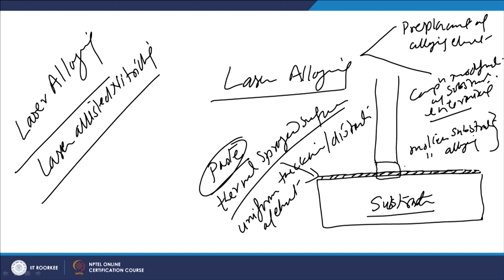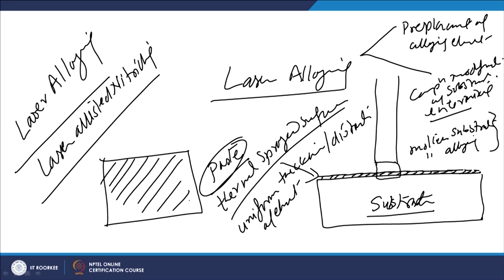The laser beam is applied one by one over the entire area. We apply the alloying element to be introduced using the paste or spray process over the surface, and then the laser beam scans one by one the entire area to melt the alloying elements and the substrate, so that proper intermixing of both can take place.